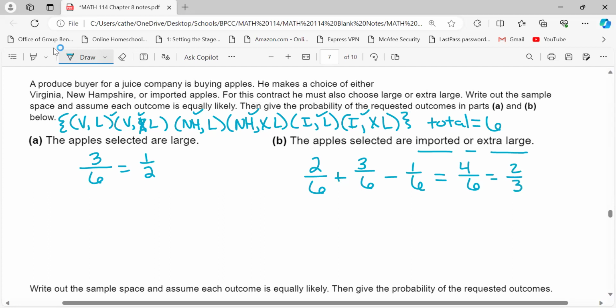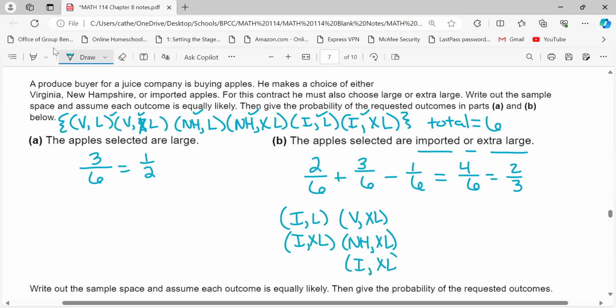So, and I'm going to write this out, just a little bit further explanation. So 2 out of 6 are imported. So that's the imported that are large and the imported that are extra large. So we're counting those. 3 out of 6 are extra large. So we have Virginia extra large, New Hampshire extra large, and then we have imported extra large.